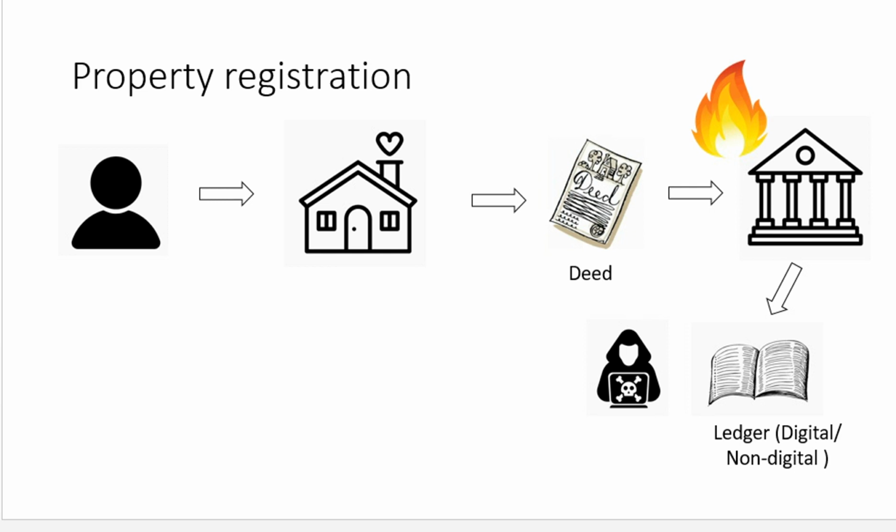Physically you might still be living in the house, and you may think it is your house, but on the ledger that house may not be owned by you. Just because one line of information in that ledger has been lost somewhere in the government authority, all of a sudden you do not actually have the house.